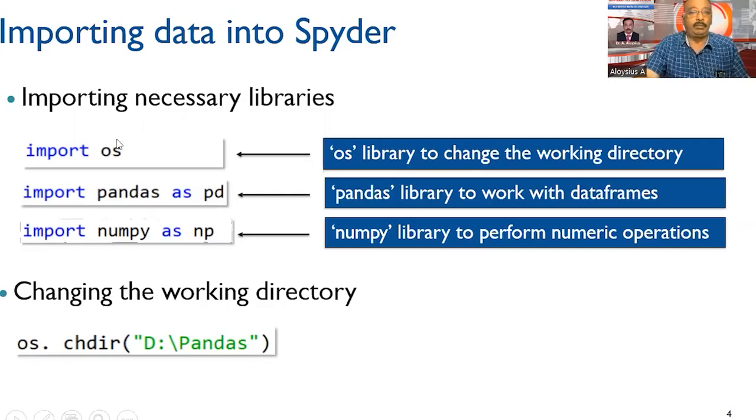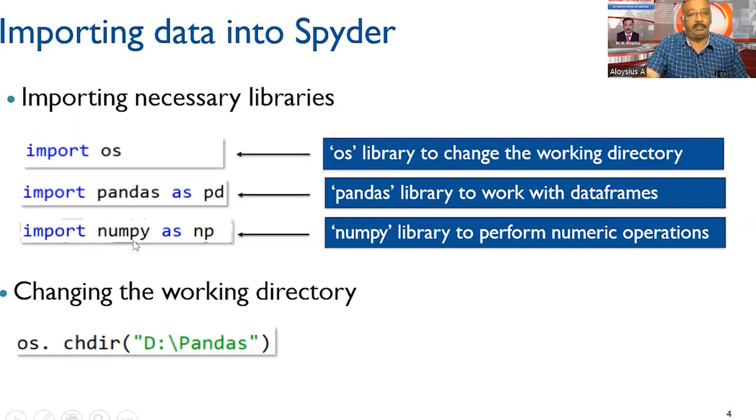For that, you need to import some library files like OS, Pandas, and NumPy. OS is used for changing the directory and operating system related functions. And Pandas is the library you'll have to import in order to perform data analysis using Pandas.